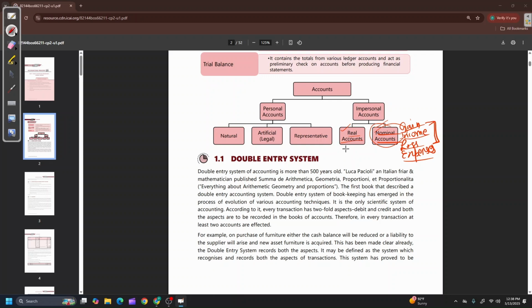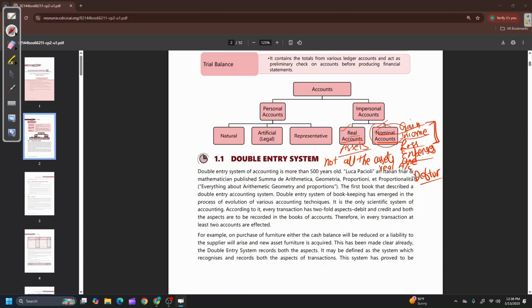Real account talks about assets. Generally, assets are real accounts. Now, not all assets are real accounts. Why? Because a debtor is what? A human or an artificial person like a company or a bank.